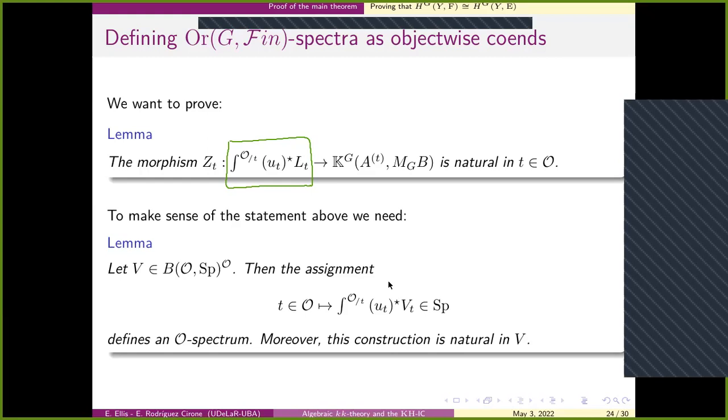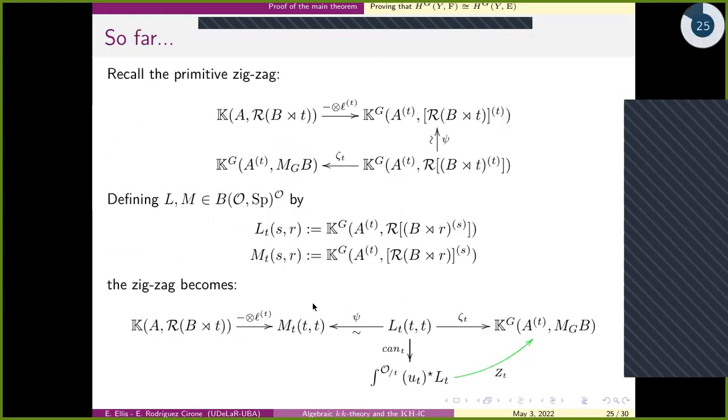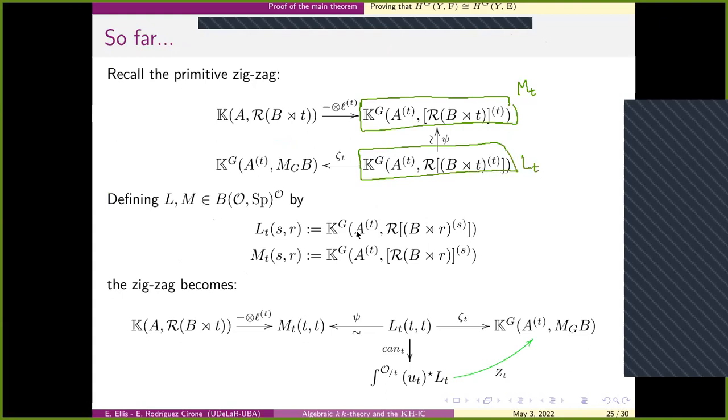Okay, so far what we have is the primitive zigzag that has the problem that these are not orgy-fine spectra. We want to replace it by a zigzag of orgy-fine spectra. So we can call this M sub T. We can call this L sub T. And we found an analog of this morphism zeta, which is a morphism of orgy-fine spectra.